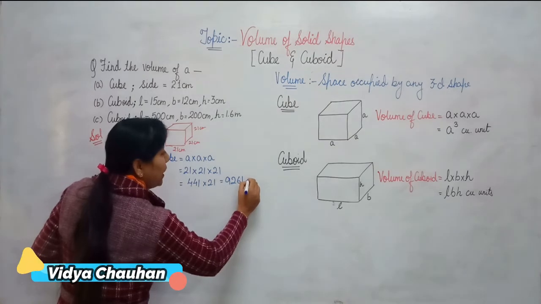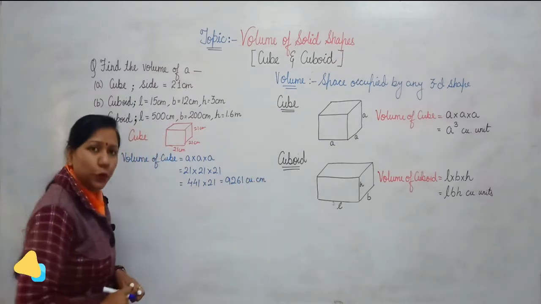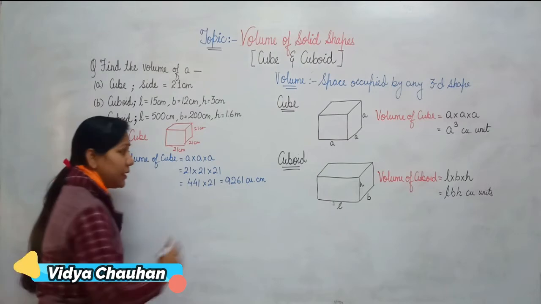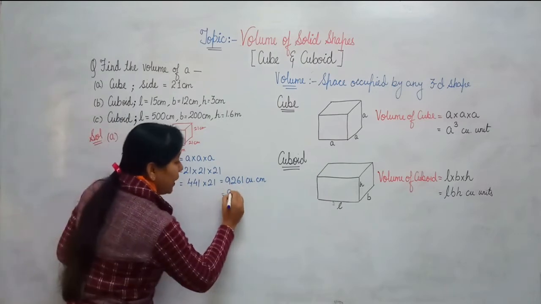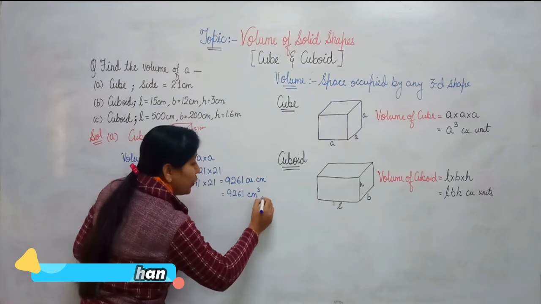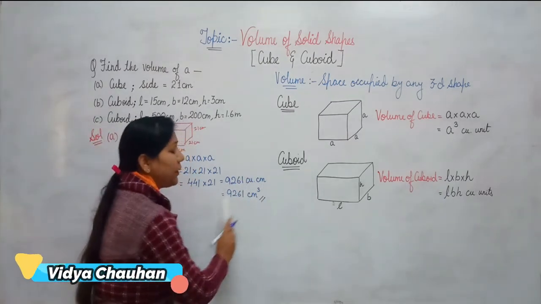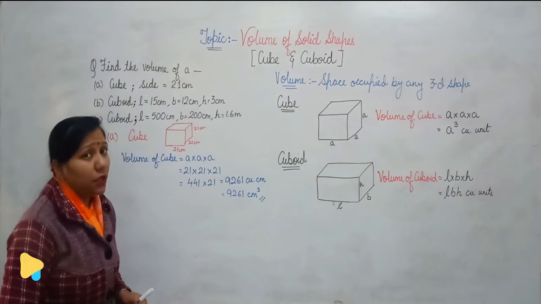And what will be the unit? Cubic centimeter. You can also write it as 9261 centimeter cube. Both the ways it is correct. Either you write it cubic centimeter or you can write it as centimeter cube.